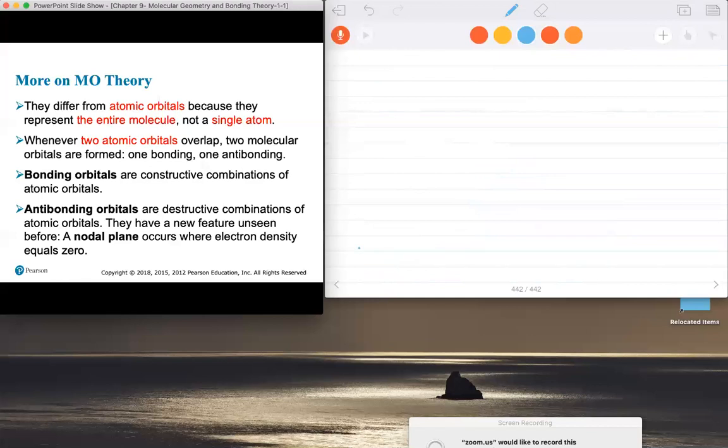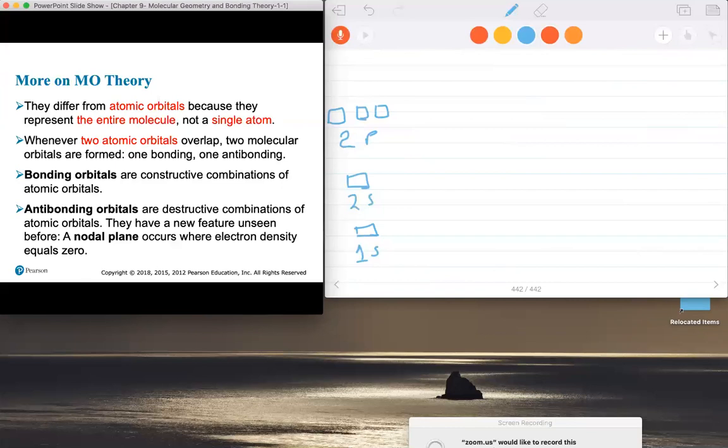If we start here with 1s, 2s, and then 2p, each s has one orbital. Let's use boxes, maybe it's going to look clearer. And p has 3 orbitals, remember that?